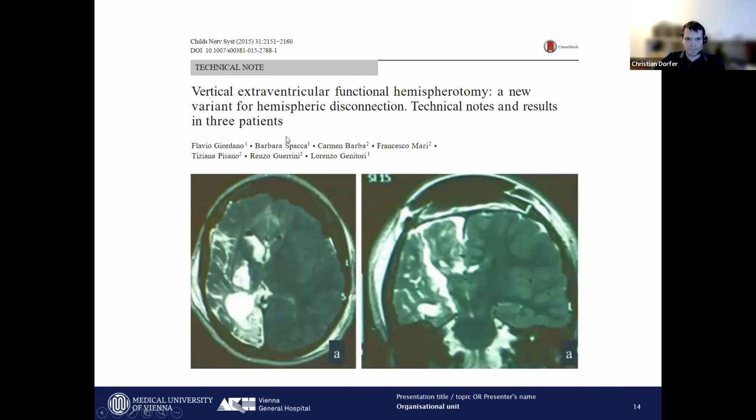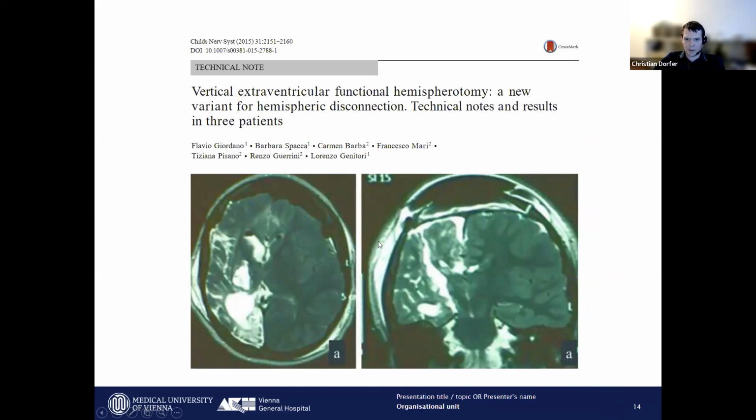And this is a suggestion of an extraventricular functional hemispherotomy technique. The main argument here was to potentially reduce CSF disturbances. You can see here by image guidance that was used in this case, from here down to here, to completely disconnect the hemisphere with a large craniotomy.